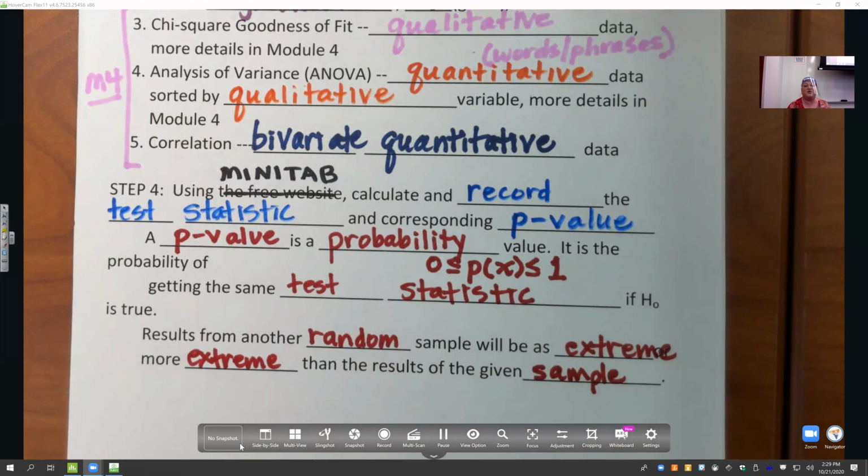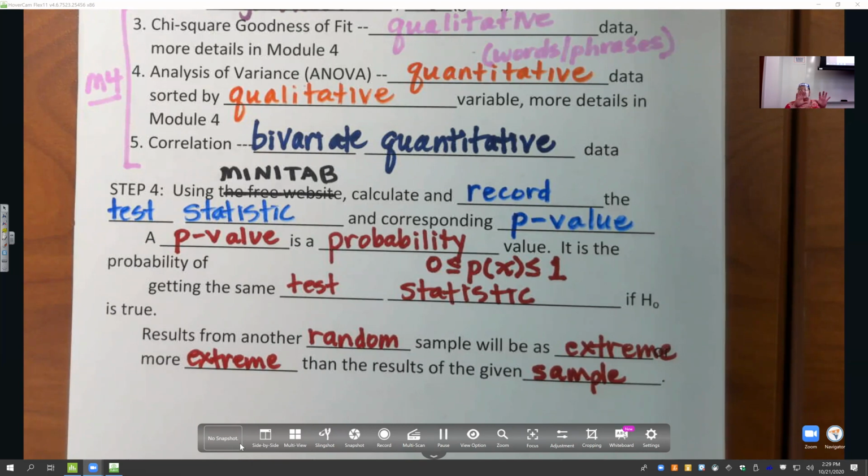Typically we try to perform the experiment more than one time to see if we get consistent results. And that's the idea here. Are we getting consistent results? What's the chance that I'm going to continue to get a similar test statistic for different samples? Again, that's something that goes on behind the scenes.